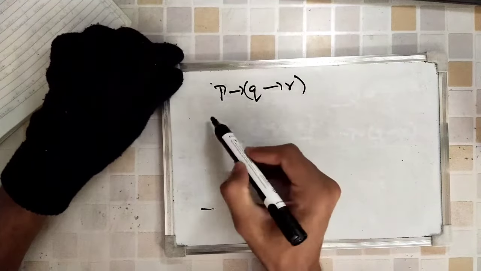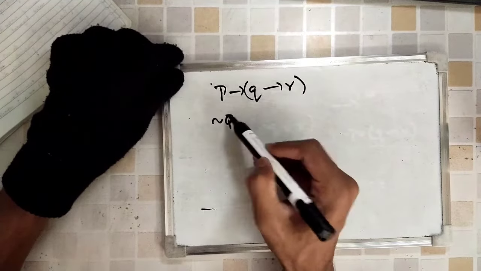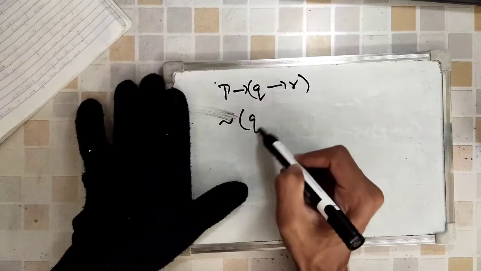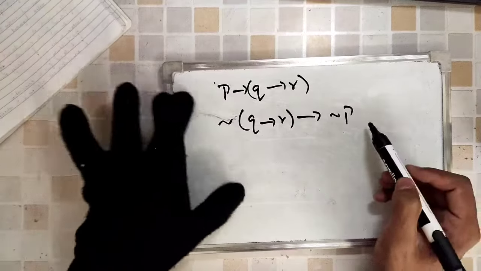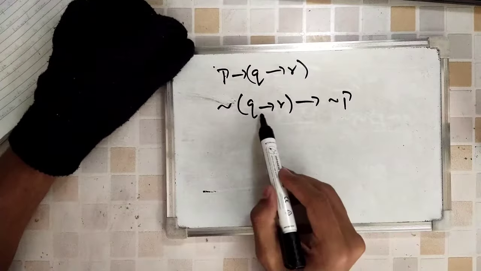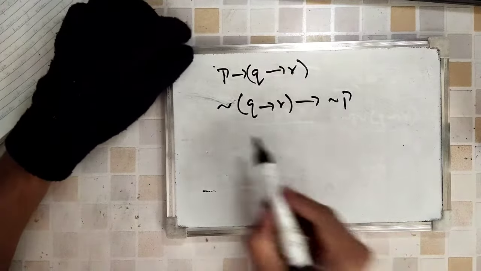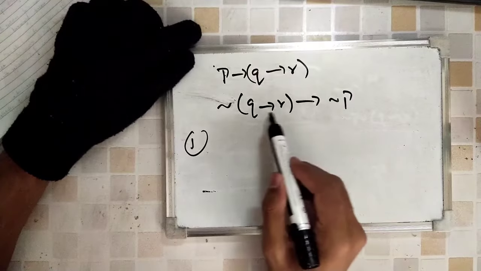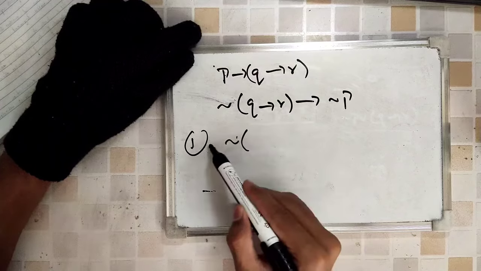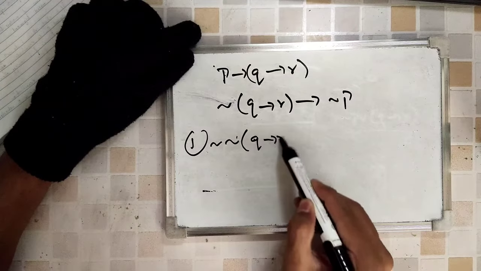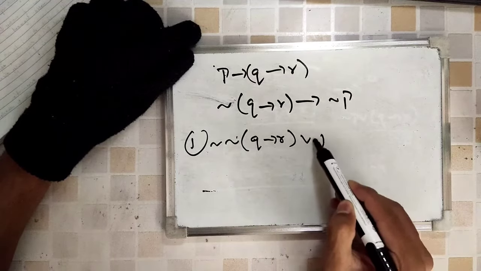It is negation of q implies r implies negation p. Now I have to solve it in such a way that only one implies symbol is left. So I will open this negation, and double negation will come: q implies r or negation p.